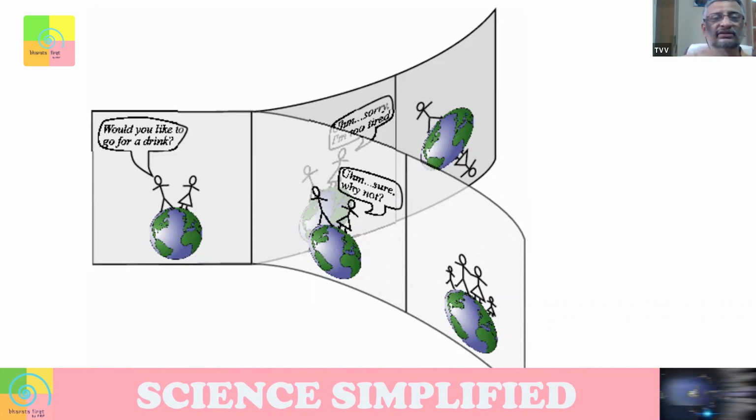So, in the Schrodinger's cat experiment, the quantum physicist Schrodinger said that suppose you put a cat in a box. Inside the box, you keep one radioactive atom, not many, only one, and one mechanism.